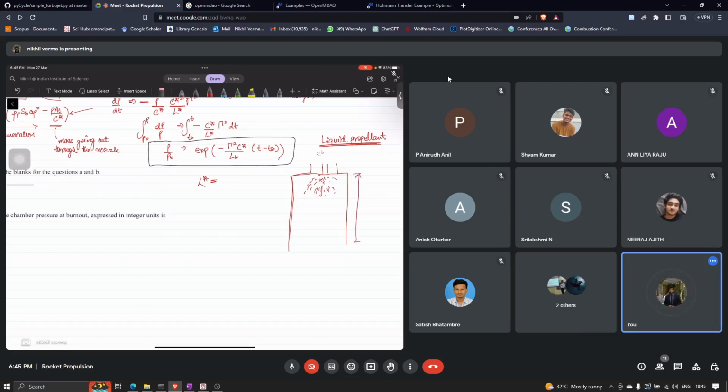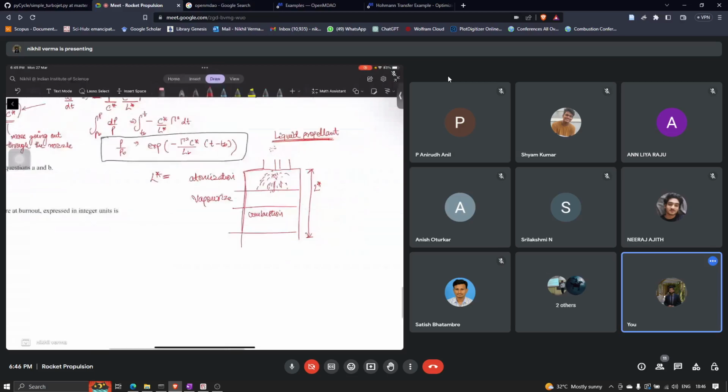In this process you need atomization, then vaporization, and finally you have the combustion. So this L star depends on different types of fuel composition.